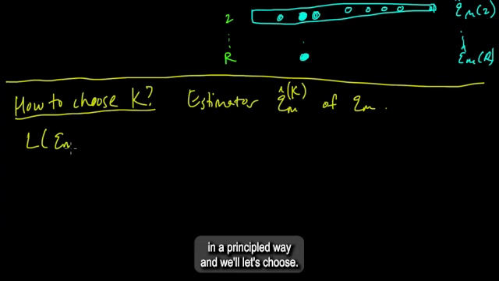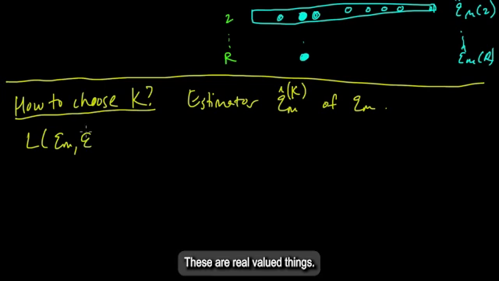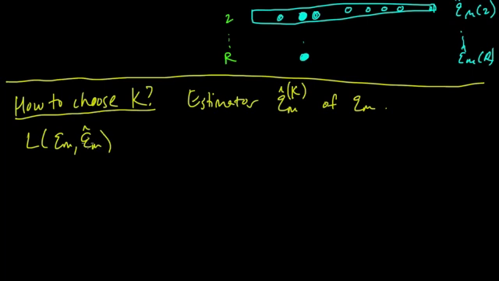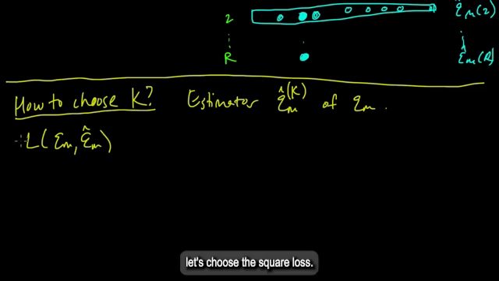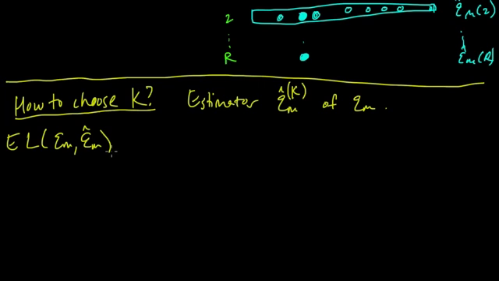These are real valued things, so let's choose the square loss for epsilon hat m. That's a natural loss function in this type of problem. And so we want to choose an estimator that has small expected square loss.